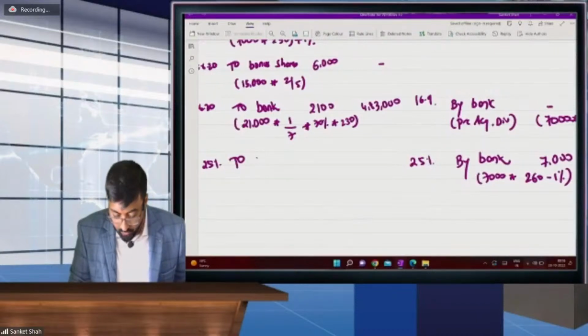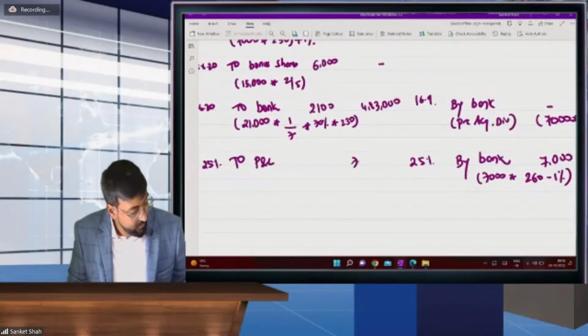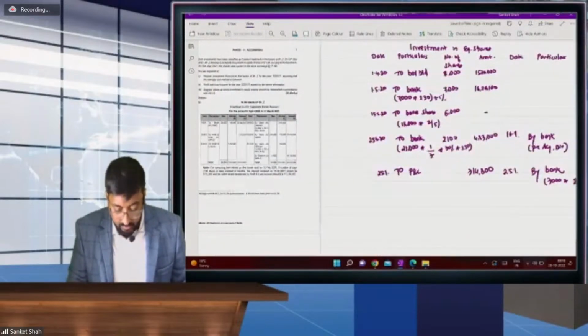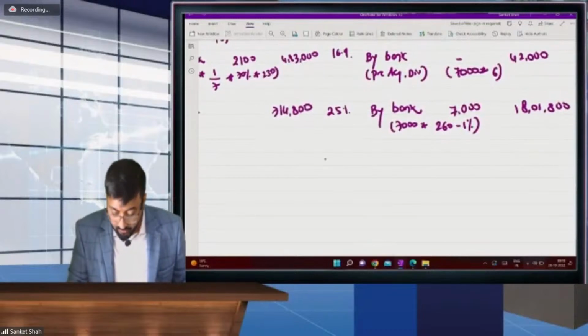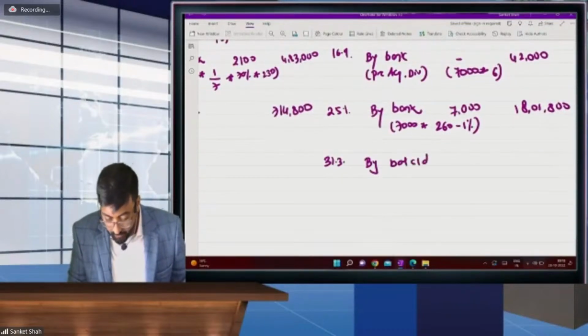Transferred to P&L, 7,14,800. Interim dividend we won't write here. And on 31st March, by balance carried down.